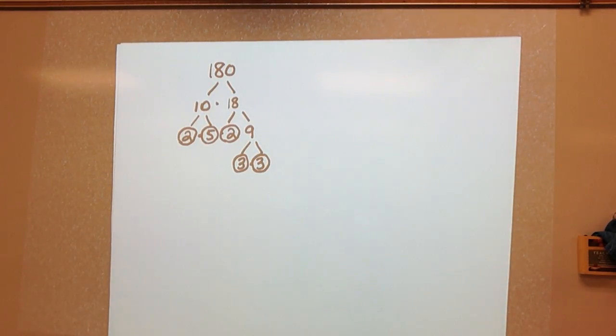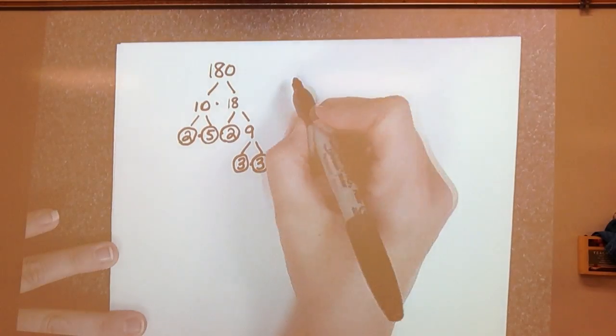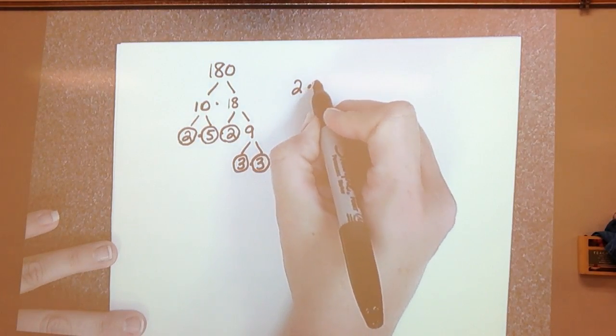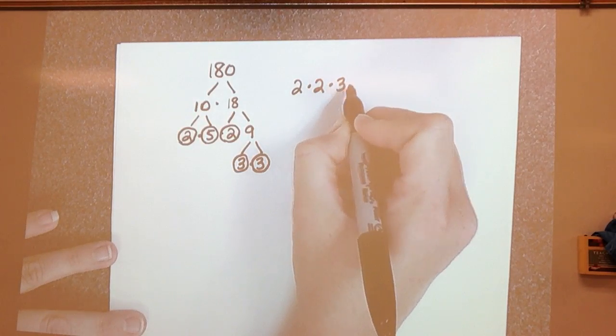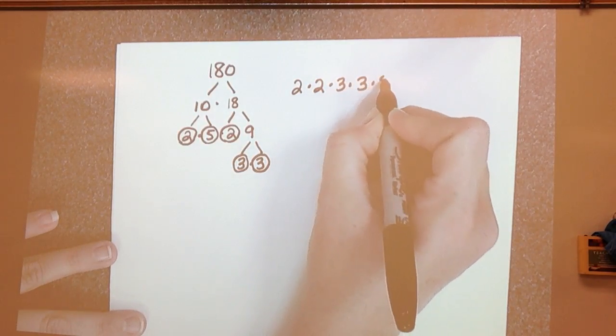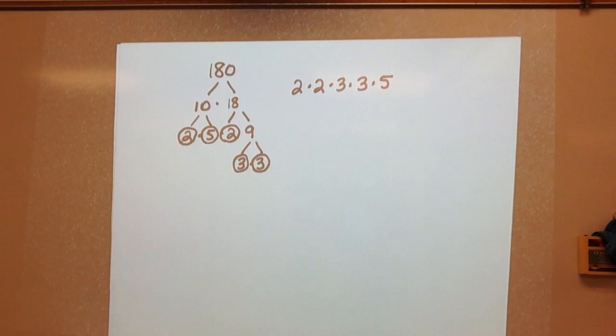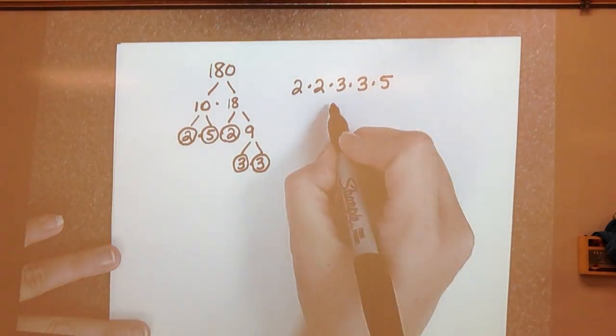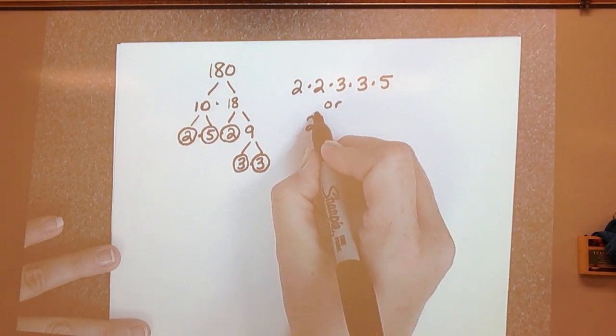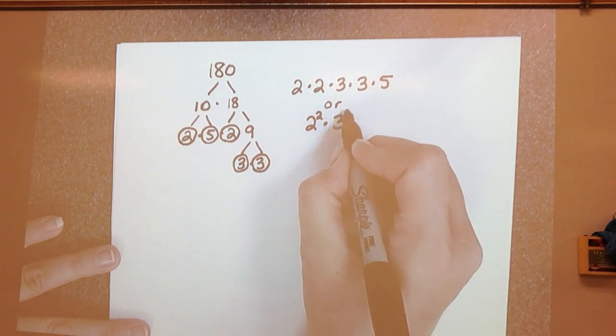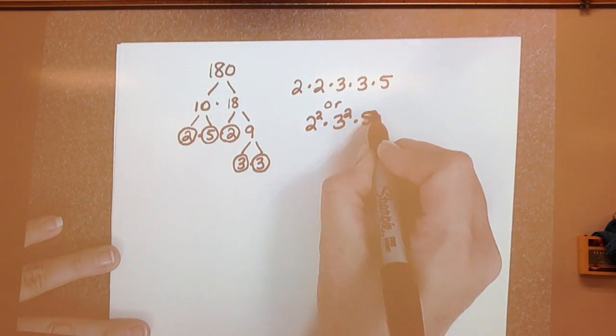So if it's asking me the prime factorization, then I need to list every number that I have circled. So the prime factorization of 180 is 2 times 2 times 3 times 3 times 5. Or 2 squared times 3 squared times 5.